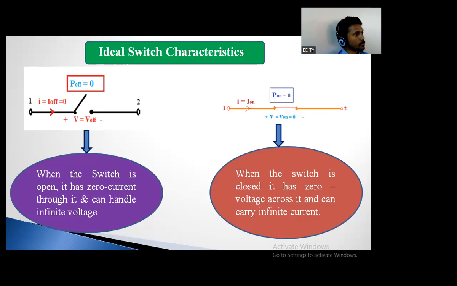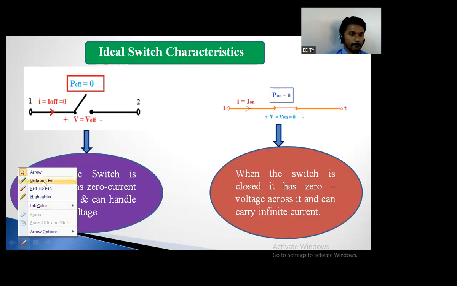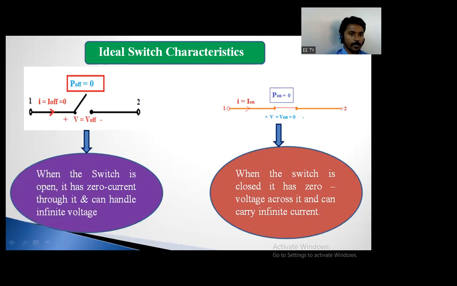When the switch is open, voltage is present across the switch. Across the switch, I am telling. Clear? This is the switch. Yes, across the switch, maximum voltage is present.